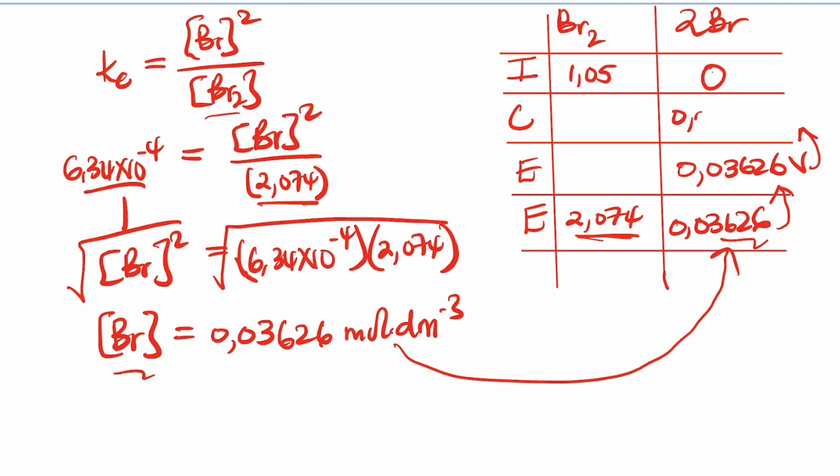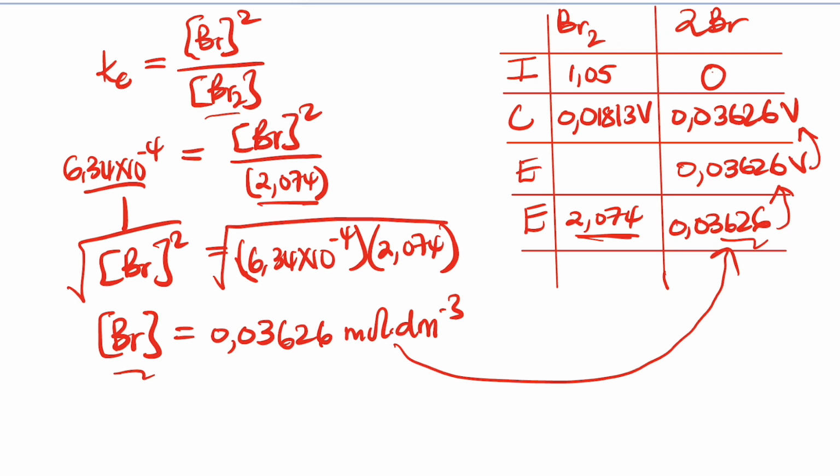It's going to be 0.03626 V. And then we do a mole ratio here. The ratio is 2:1, so this amount is going to be a half of that, so a half of that is 0.01813 V. Don't forget the V. It's very important.